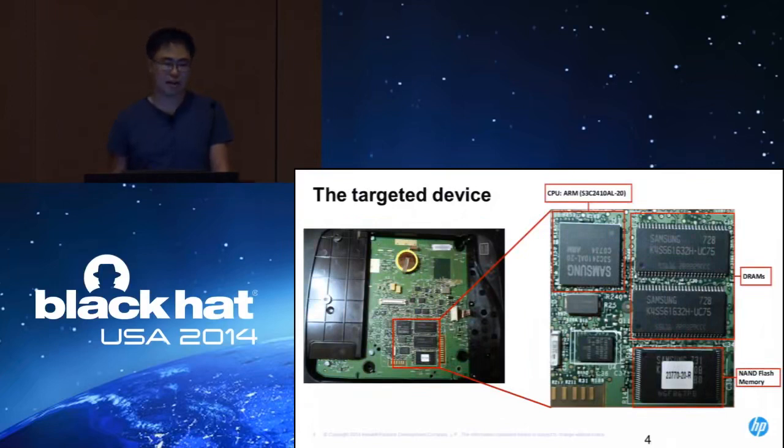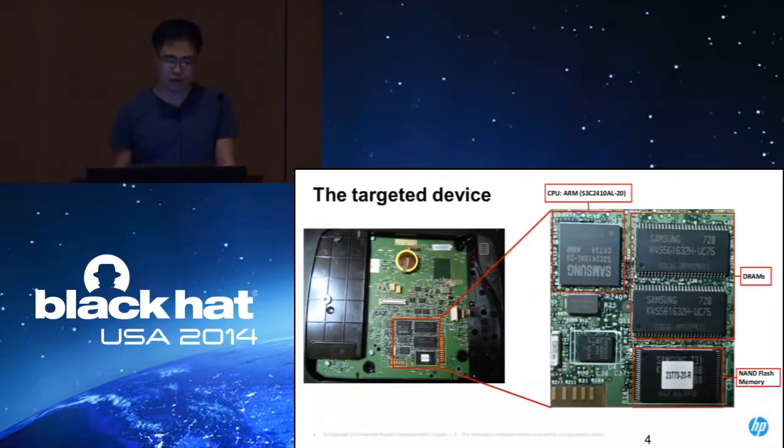The truth is that I'm not a hardware hacking guy. This device is the first device I ever seriously hacked or reverse engineered. I looked inside, and I have no idea what some of the parts are doing, but some things are clear. Here is the Samsung CPU, an ARM CPU, the other two chips are Samsung DRAMs, and the other one is the NAND flash memory.